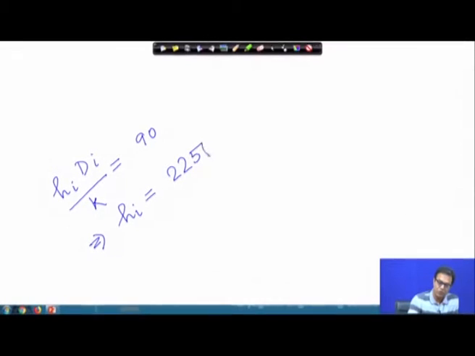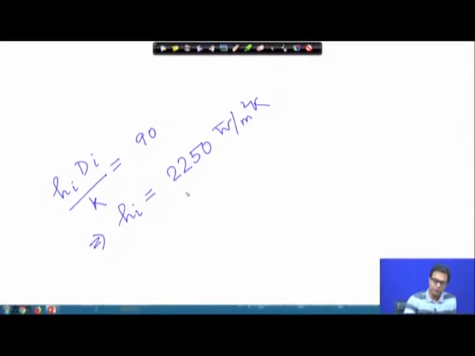h_i d_i by k is equal to the Nusselt number, which will be estimated to be 90, and from there we can calculate h_i to be 2250 watt per meter square Kelvin.